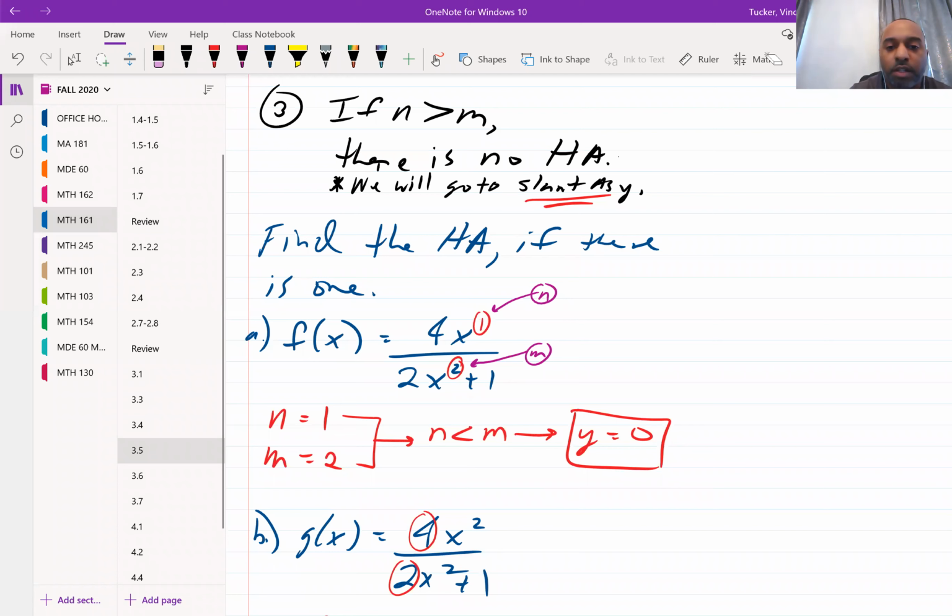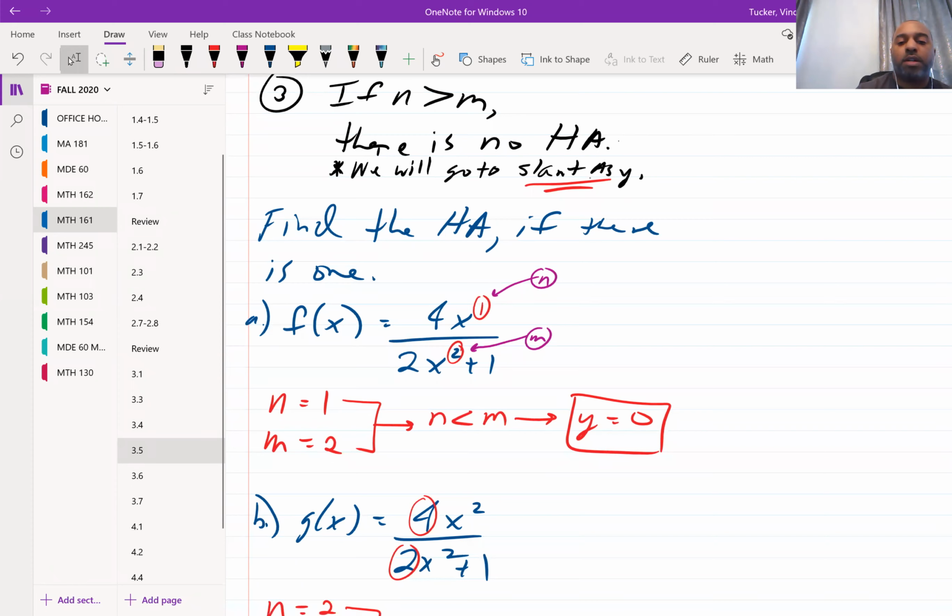What does the case of n greater than m say? We will go to slant asymptotes. Remember, that's our third type of asymptote. I'll probably go back and write that better next time. All right, is everybody okay?